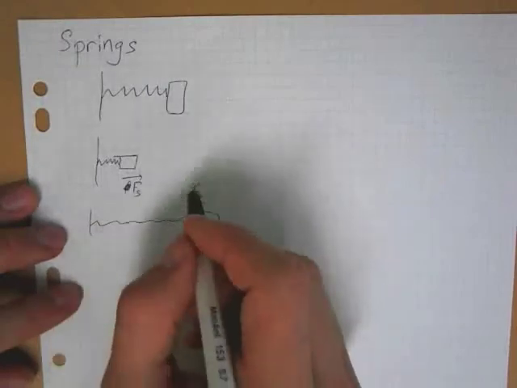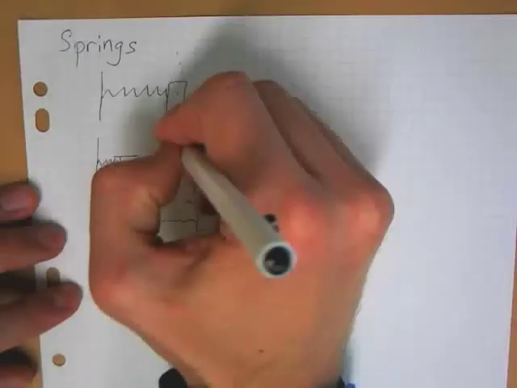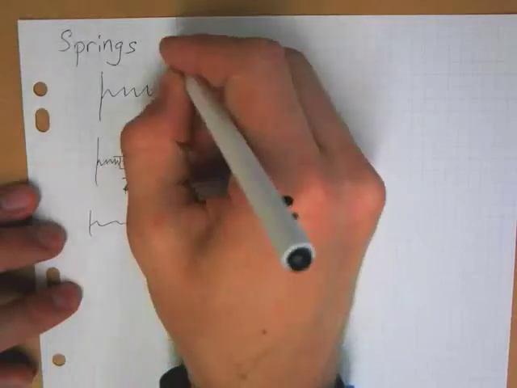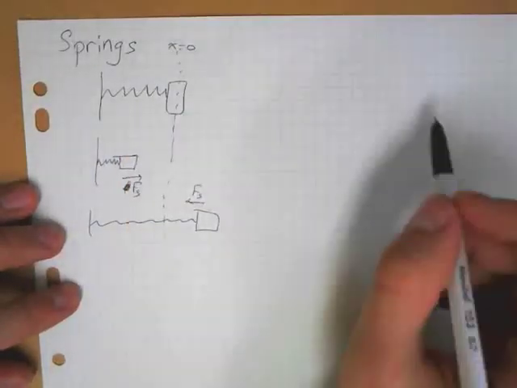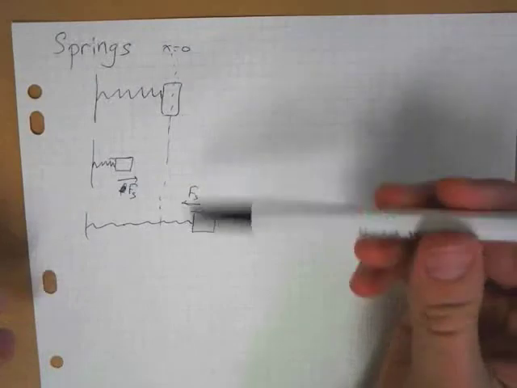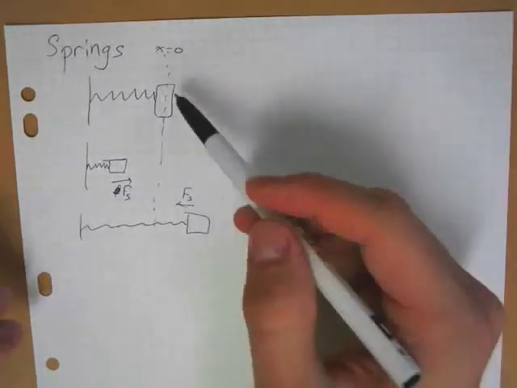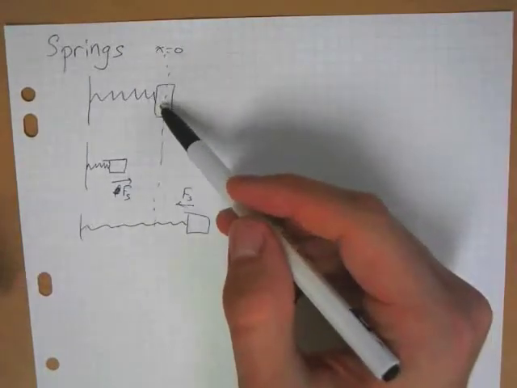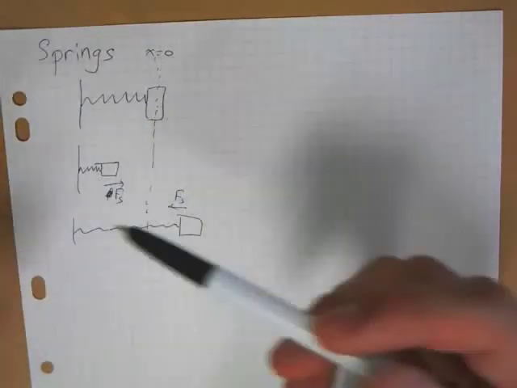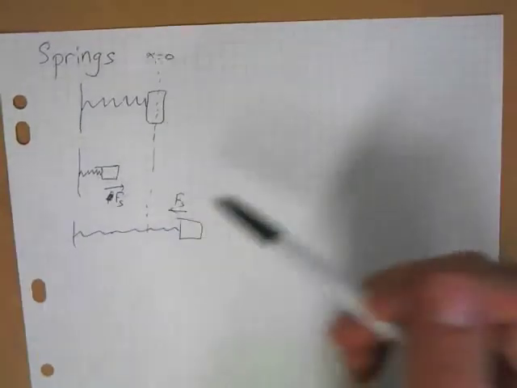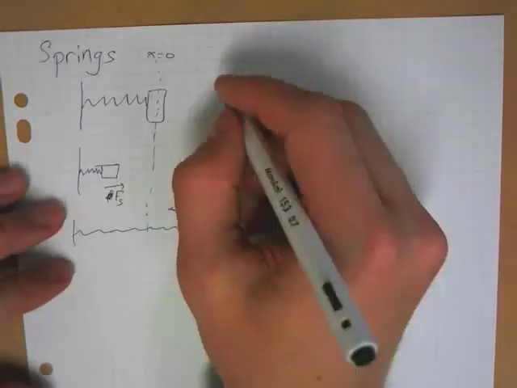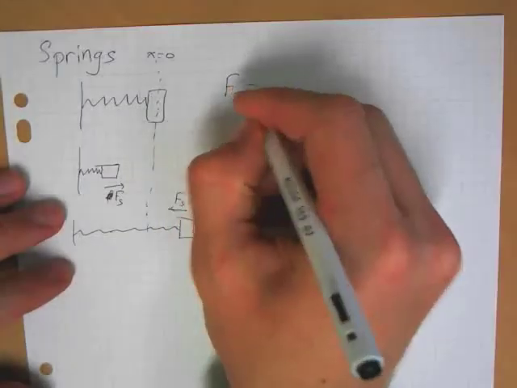Springs have an equilibrium length. For this case, I'll call it x equals 0. And if a spring is moved from this equilibrium length, it will exert a force that points back toward equilibrium. And that force is denoted by F equals minus kx.